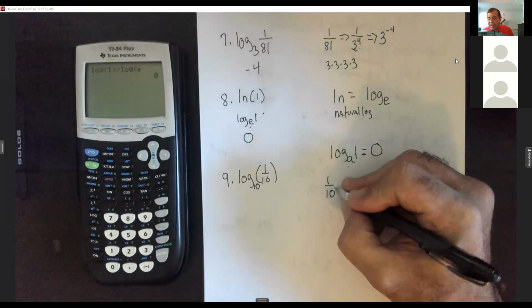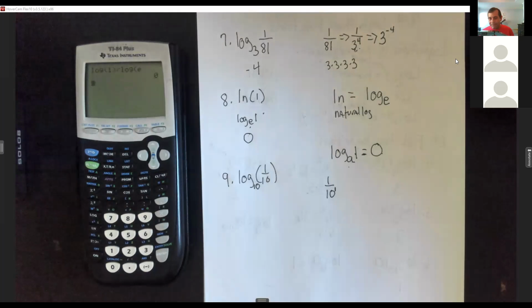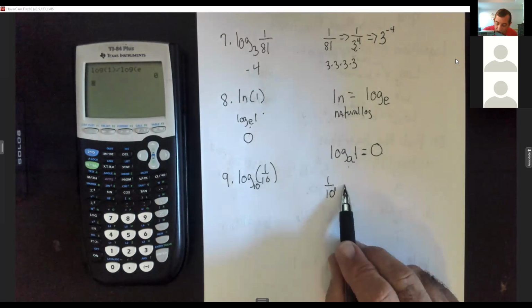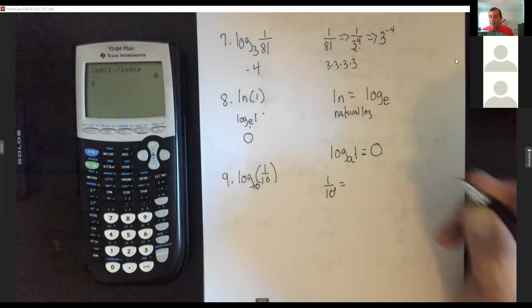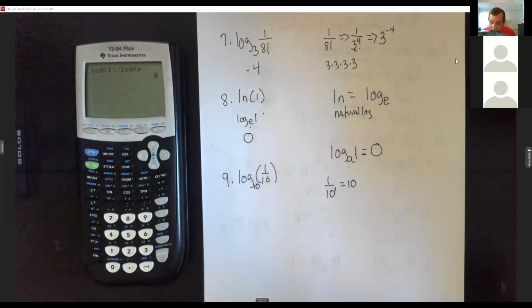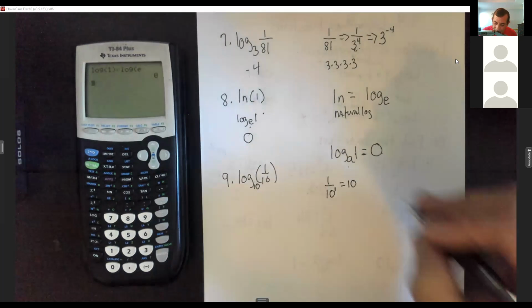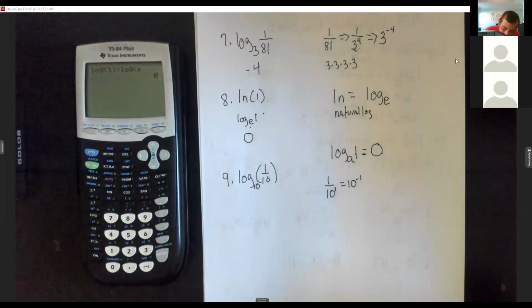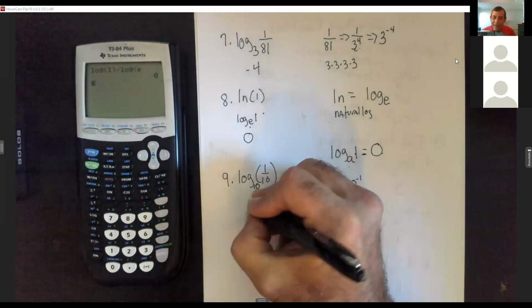That's definitely a 1. So I'm going to bring that 10 up like I did that 81 a while ago. If I bring that 10 up, what's my new exponent? -1. So my answer over here is -1.